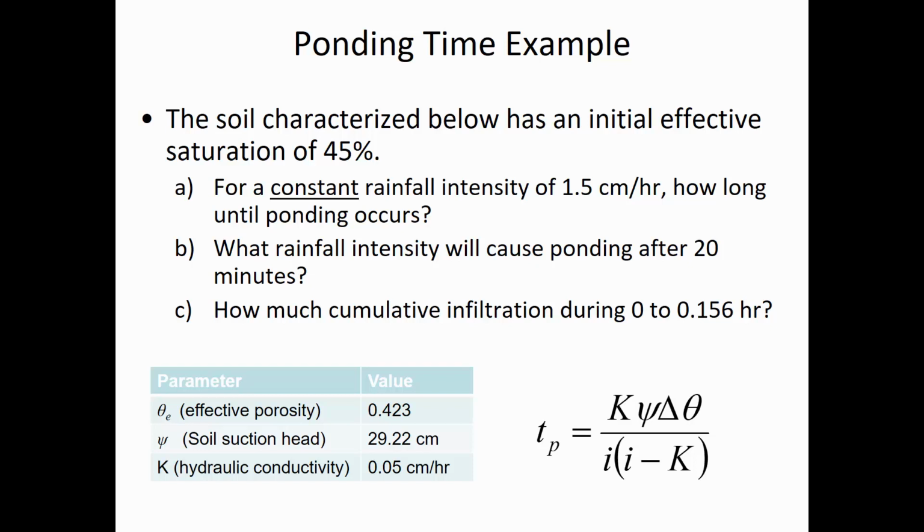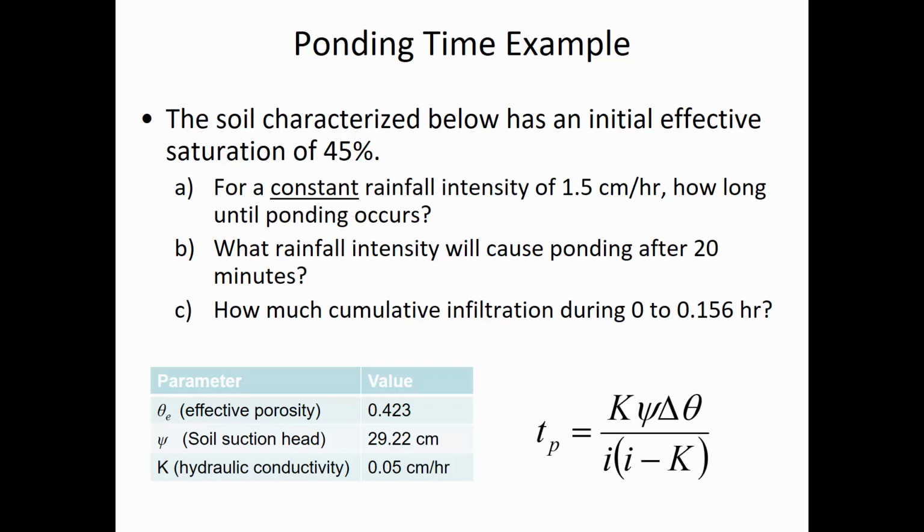So for part A, let's find out the time until ponding occurs. So we'll just substitute in these values here. The K value is 0.05 centimeters per hour. The suction, 29.22 centimeters. And the delta theta is 0.23265.